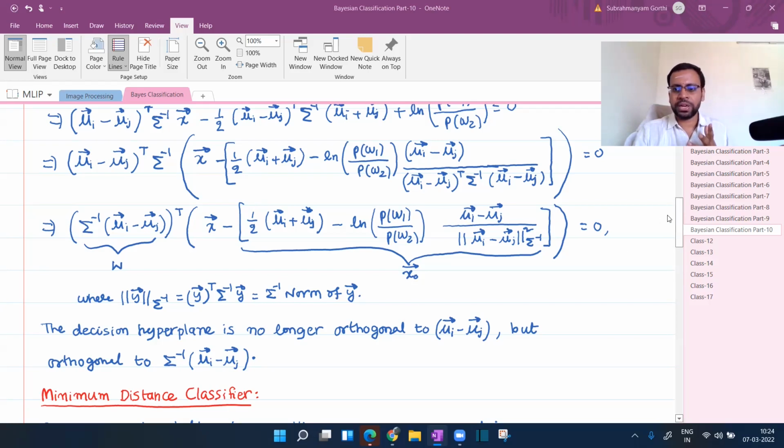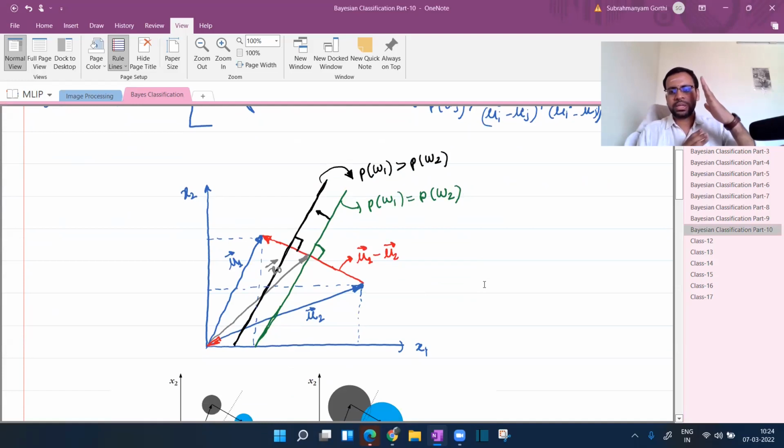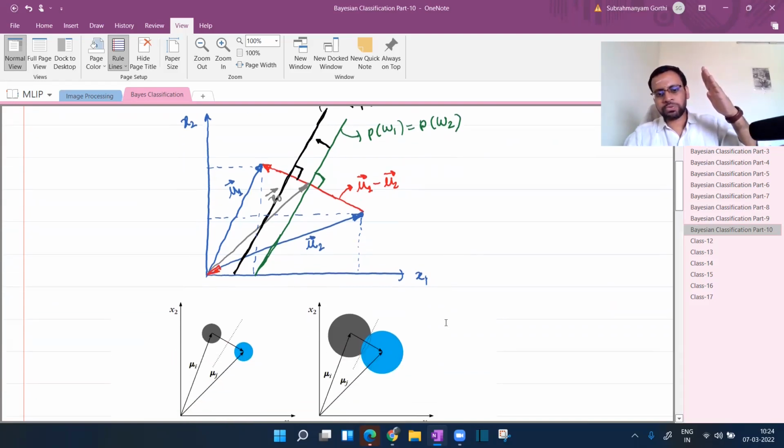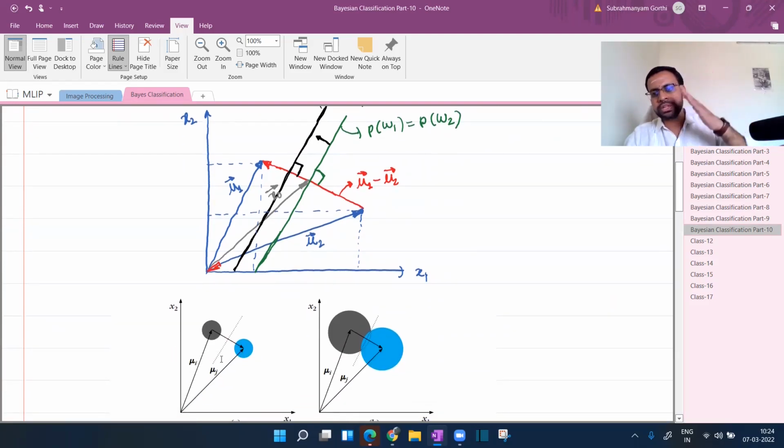We figured out that if mu1 and mu2, two classes, are there, the decision plane is perpendicular to mu1 minus mu2. And it would move depending on the probabilities of omega1 and omega2. Of course, how sensitive it is to errors in this decision plane depends on the variance of these classes. That's what we studied in the previous class.